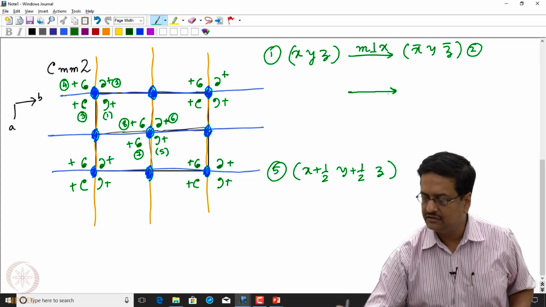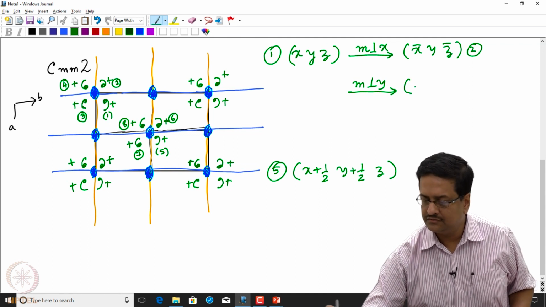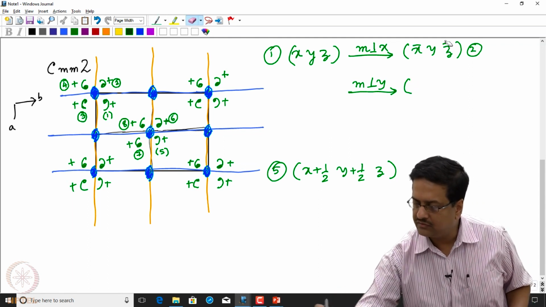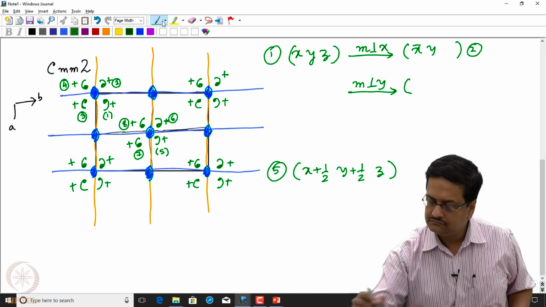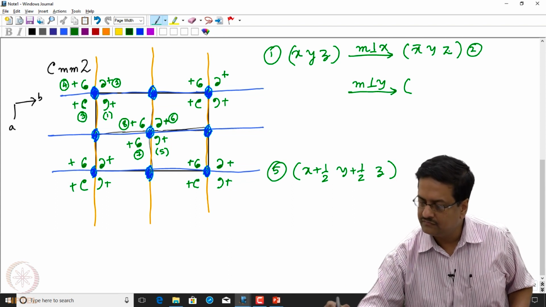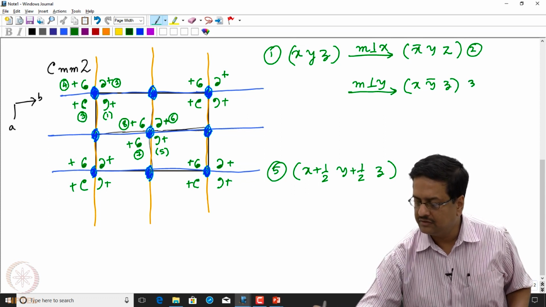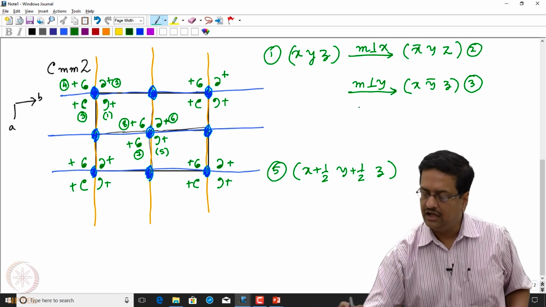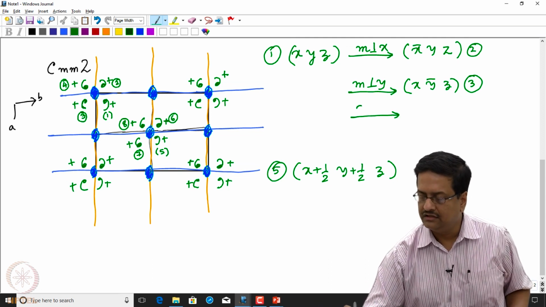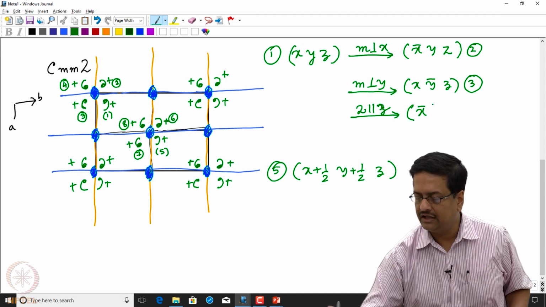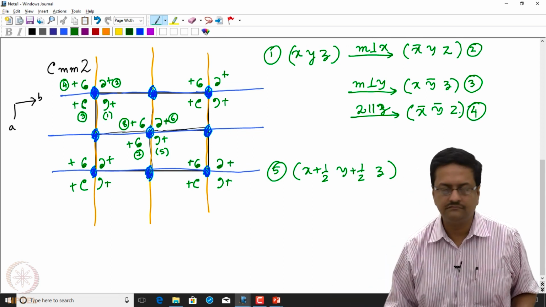I apply a mirror perpendicular to y, and it makes it x, y bar, z, my point number 3, and point number 4 is a twofold parallel to z, making it x bar, y bar, z as my fourth point.